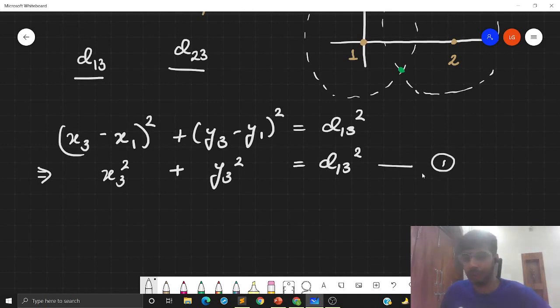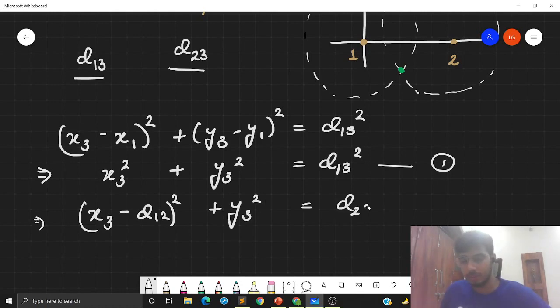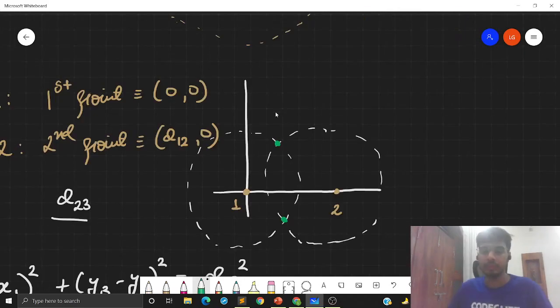This is from the first point. From the second point, we can say that (x3 minus d12) raised to the power 2 plus y3 squared will be the distance from the second point. Now, which one to choose? Can we determine which is my third point?